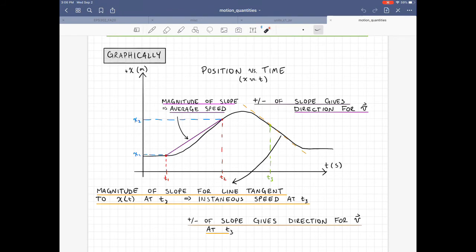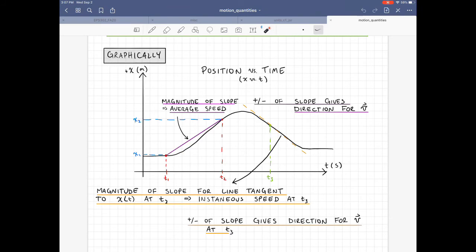If you take into account the plus or minus value of the slope, then that plus or minus will correspond to the direction of your velocity. If you just look at the magnitude of the slope, then that's going to be the average speed. Take into account the plus or the minus, and that'll give you the average velocity. And so when you take two distinct points and calculate the slope between them on a position versus time graph, you're going to get information about the average velocity.